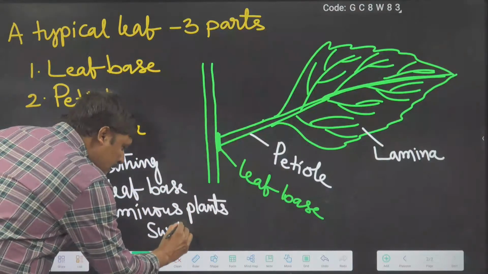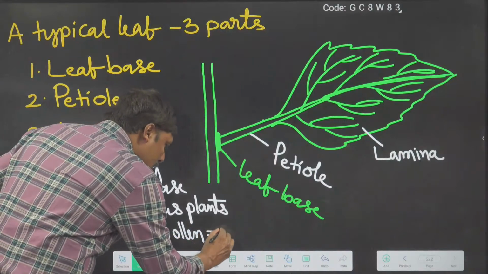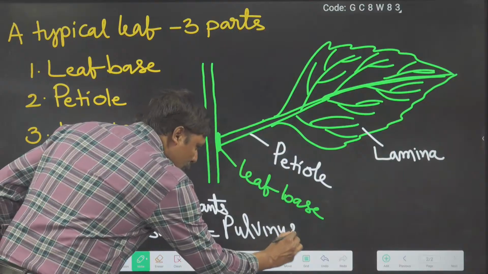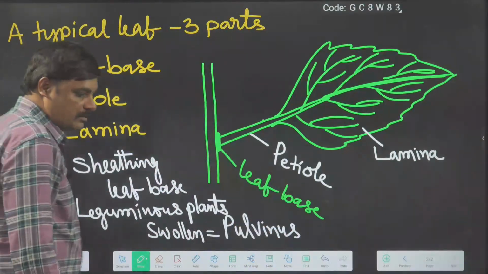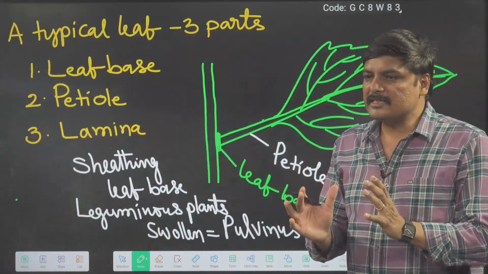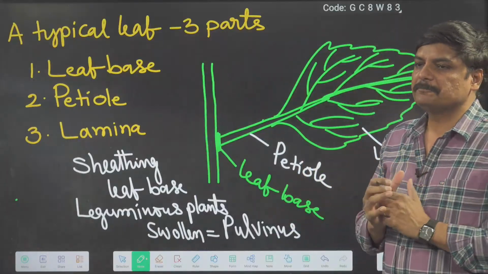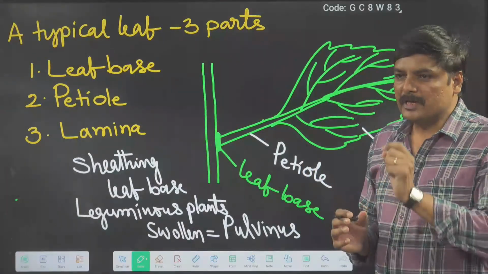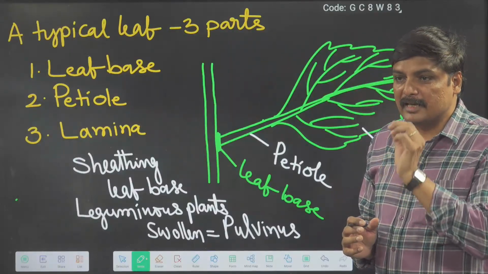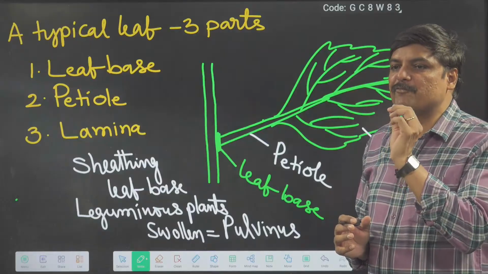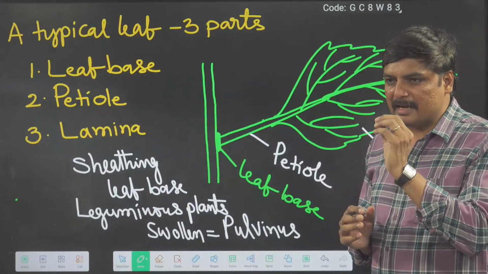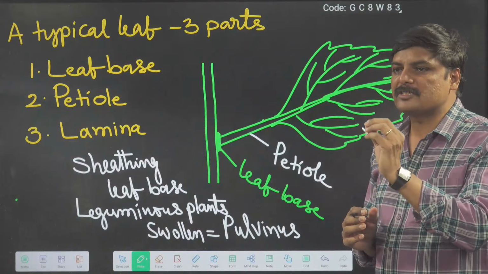Such a swollen leaf base is called a pulvinous leaf base. Very important. If the leaf base is swollen, then it is called pulvinous leaf base. It is characteristic of leguminous plants.